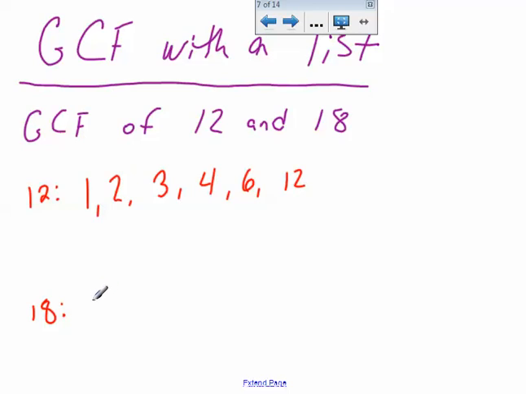Let's do 18. 1 times 18, 2 times 9, 3 times 6. And then 4 doesn't go into 18, and 5 doesn't go into 18. Then I'm back up to 6, which I already have taken care of, so I know I'm done at that point. I've listed all the factors of 18.